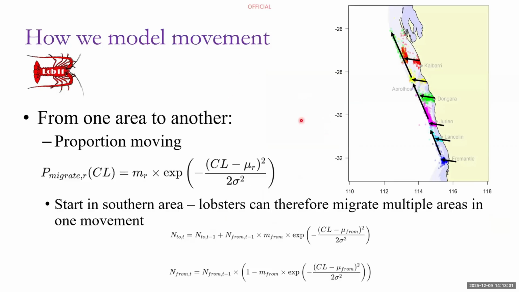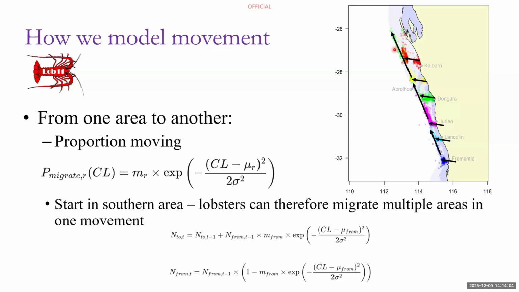I guess the important concept for us was we start jumping through the matrix and moving the lobsters between areas in the south, so that some migration can maybe move you up towards Lancelin, but then when we roll the movement through Lancelin, Jurien, Dongara this way, an individual animal can actually bounce all the way up north, which does happen in reality.